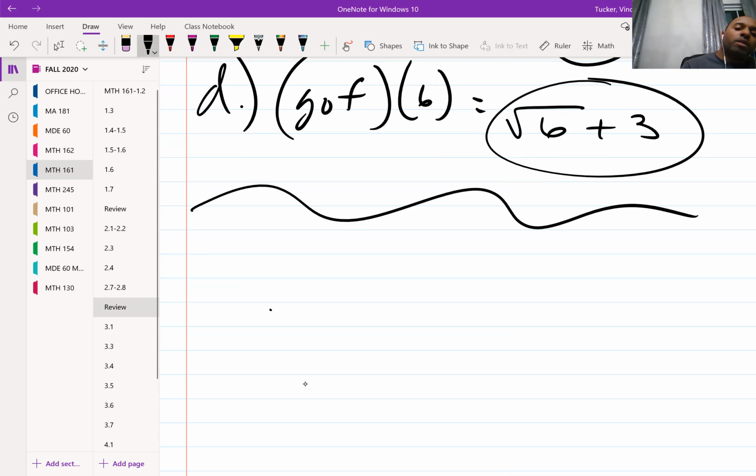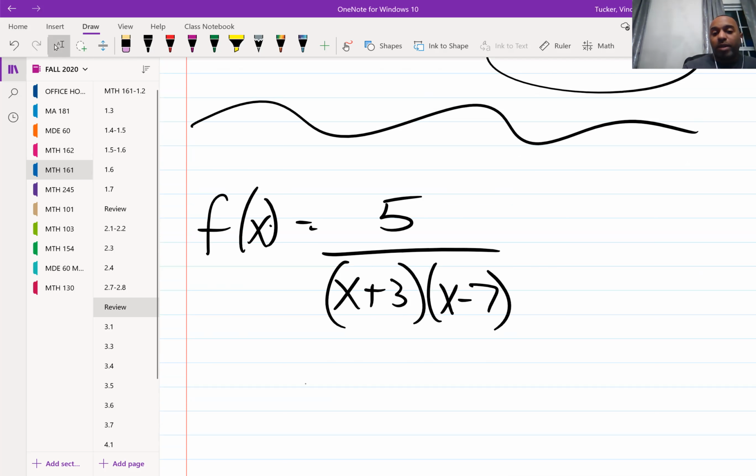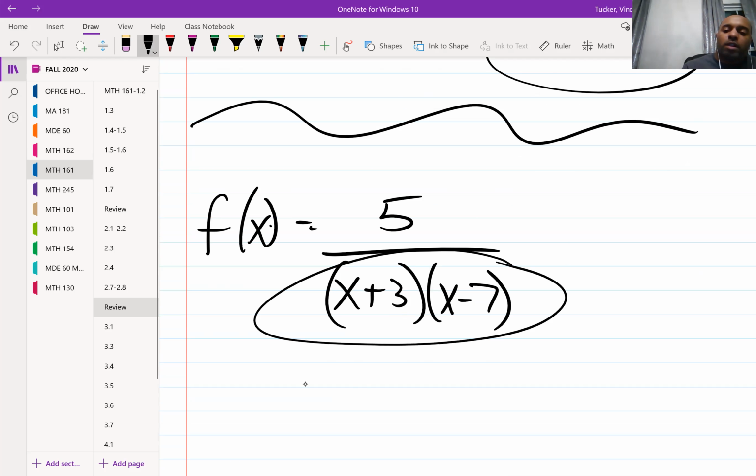So let me do this. Let's see if this is good enough for you. Let's say if I do 5 on top. All right, so whenever we have something like this, we're looking at the domain. Let's say if I already factored this, normally they will give you the trinomial, then you have to factor it.